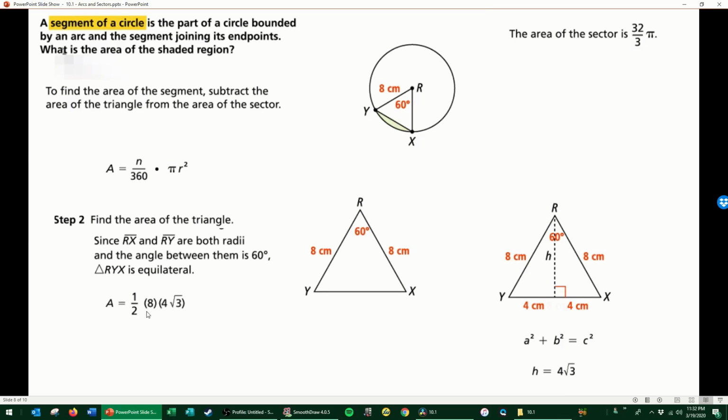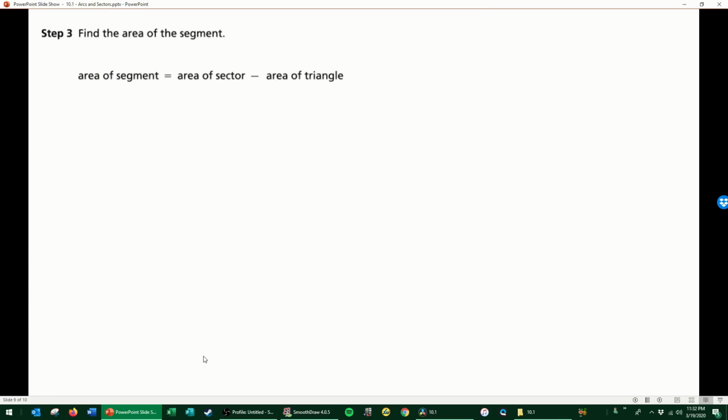It's 1/2 times 8 times 4 square root of 3, which gives us the area of the triangle of 16 times the square root of 3. What they did here is they just took 1/2 times 8, which is 4. 4 times 4 is 16. Since that's under the radical, we can't do anything with that. We get an area of this little piece here to be 16 times the square root of 3.